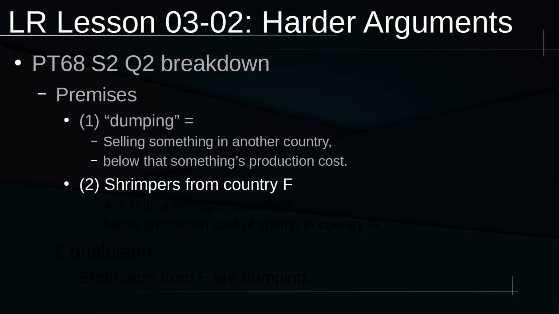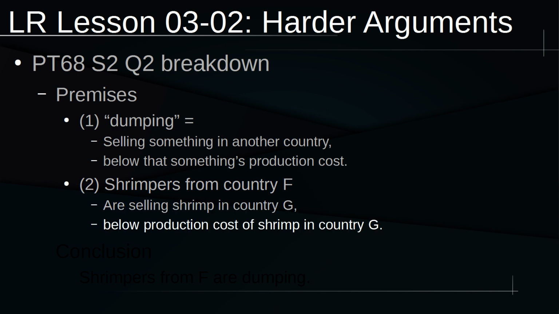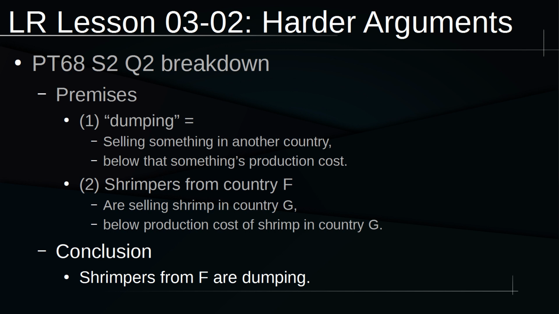And so the second premise is about people who are selling shrimp, so I'm just going to call them shrimpers, from country F. These folks are selling shrimp in country G below production cost of shrimp in country G. That's what the second premise in totality seems to be saying. The conclusion is fairly straightforward. All it says is that shrimpers from F are in fact dumping.